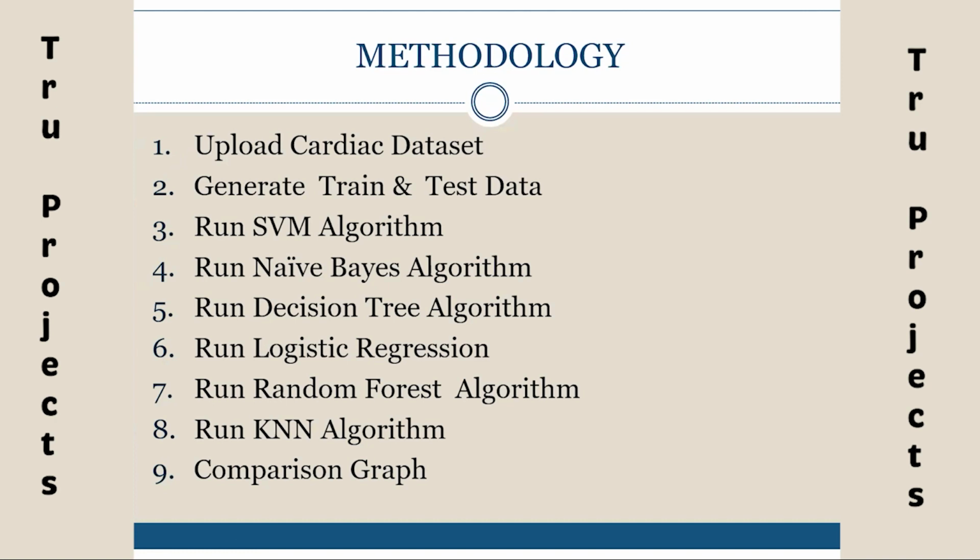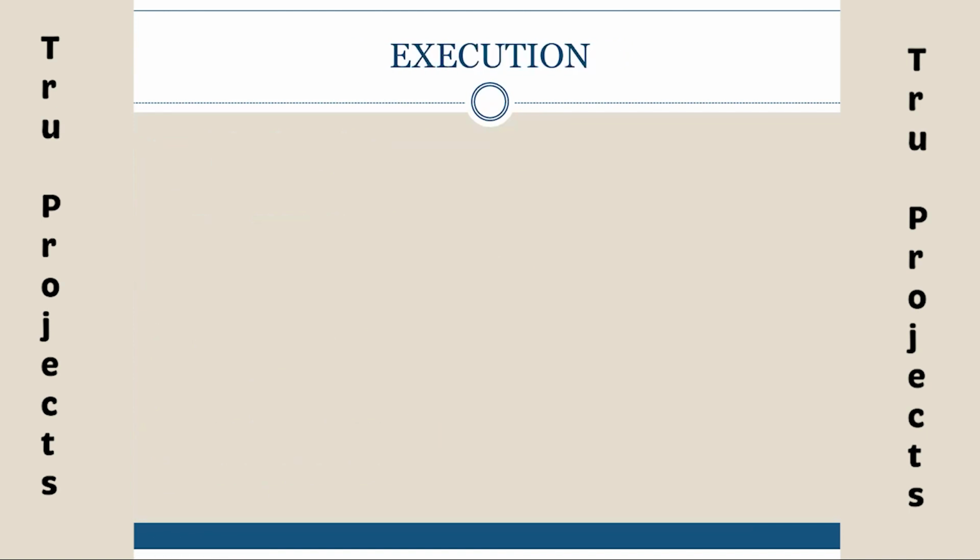In this module, we will be performing the SVM algorithm on the 80% of the training data, and then we will apply it to the 20% of the test data, and then we predict the accuracy, precision, recall, and F-score. Similarly, we will be applying it on naive Bayes algorithm, decision tree algorithm, logistic regression algorithm, random forest algorithm, and KNN algorithm. And then in the last module, which is comparison graph, we will be comparing the scores of all the algorithms.